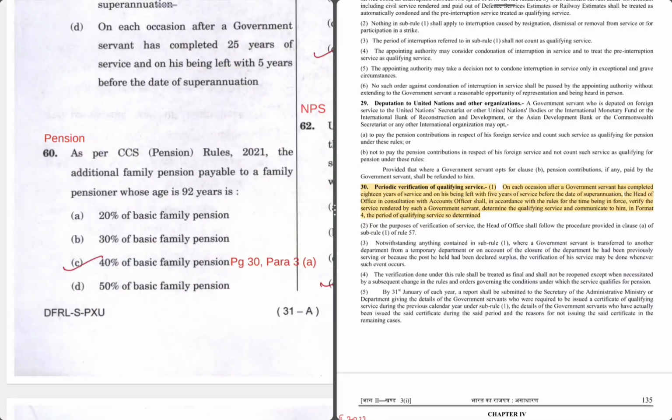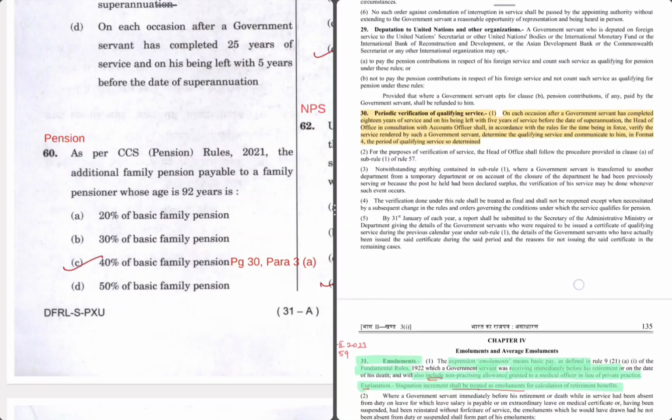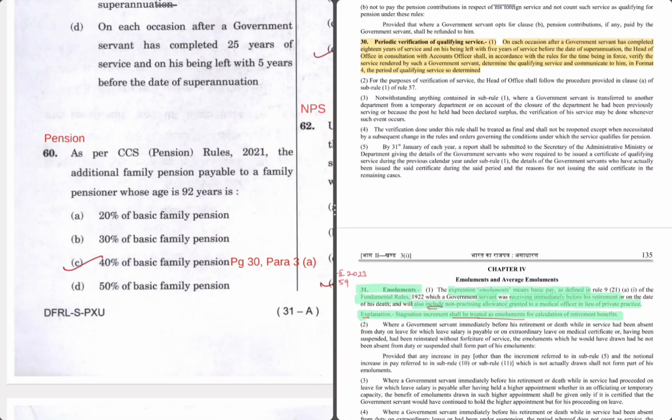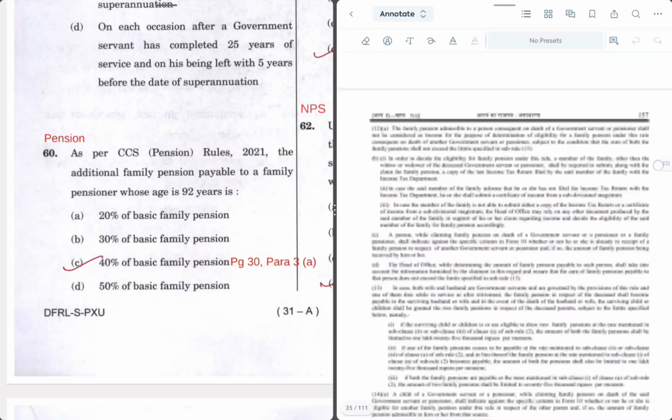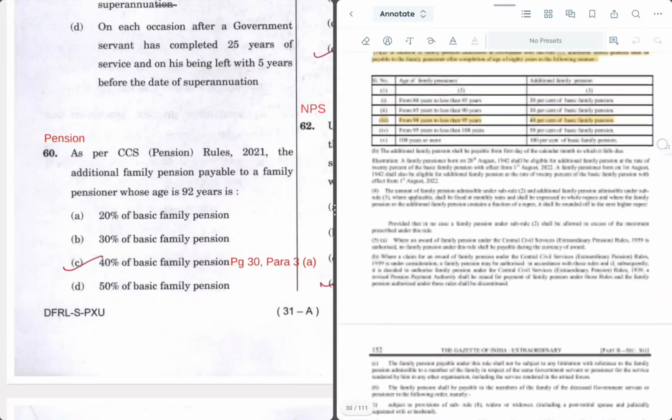Question 60, the last question. As per CCS pension rules, the additional family pension payable to a family pensioner whose age is 92 years is. So this question is asked a lot of times. बहुत बार रिपीट होता है क्वेश्चन. On page 30, I'll show you again.